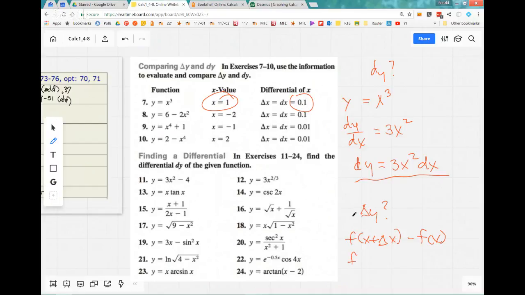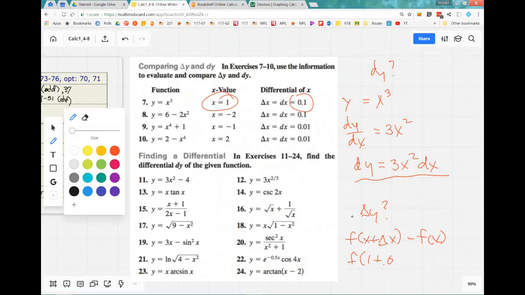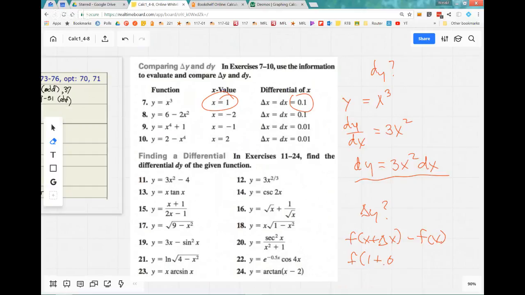F of, and then x is 1, and delta x is 0.1, and minus f of x.